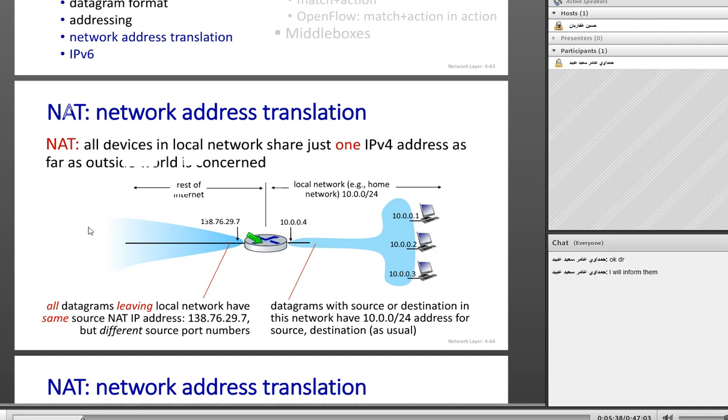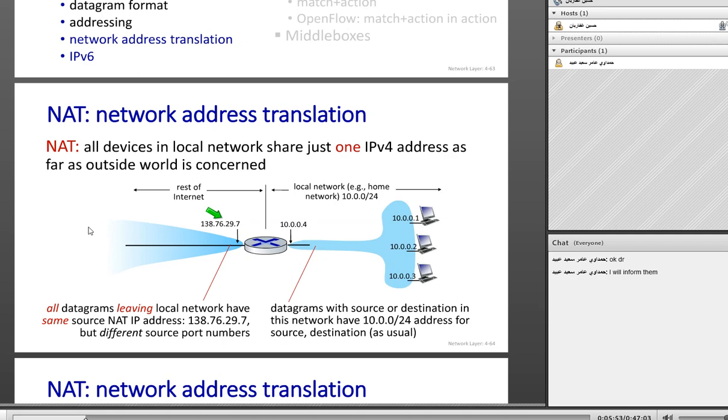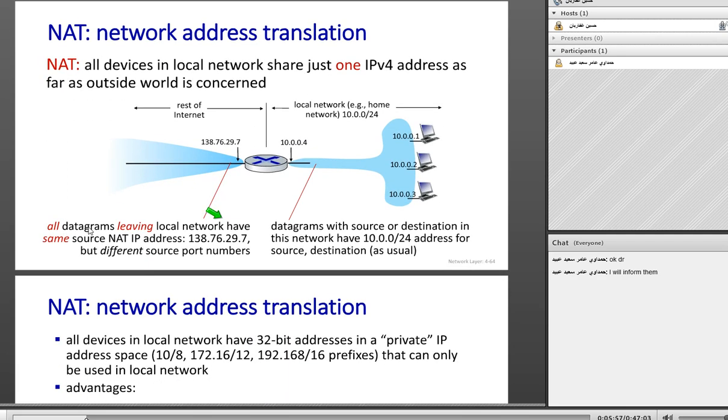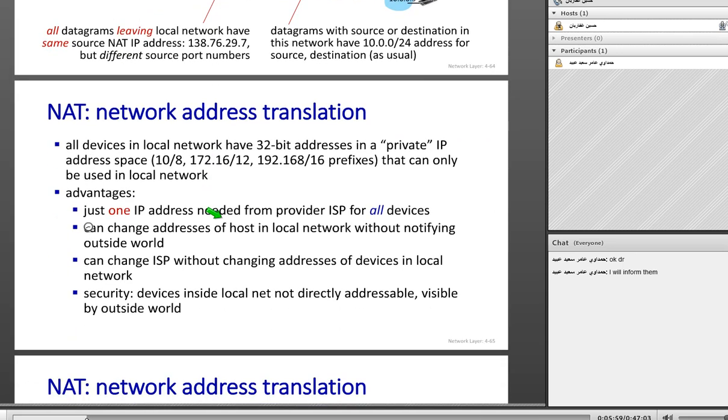It's repeated over the internet, so my packets may go toward another path, another destination. Why did this happen? Because I do not have enough IP version 4 addresses.